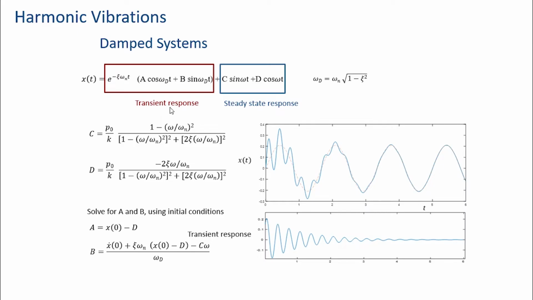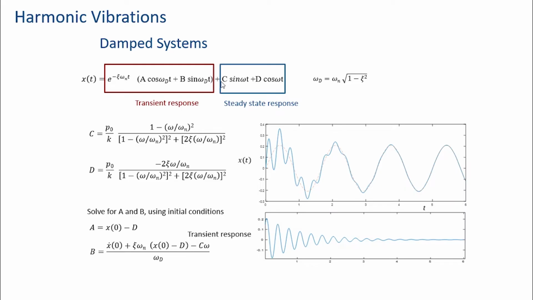So that's why the names came steady state and transient. Transient is the one which decays and steady state is what stays after some time. And the steady state response continues as long as the force is available.